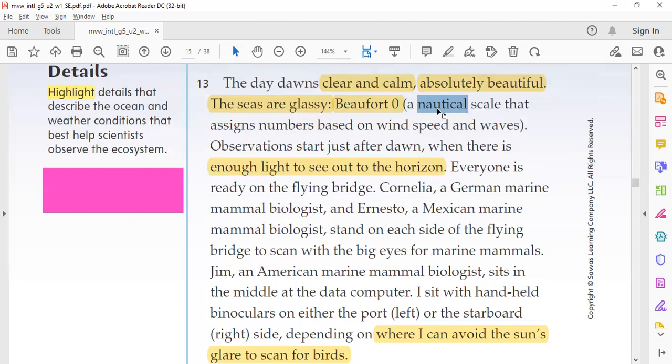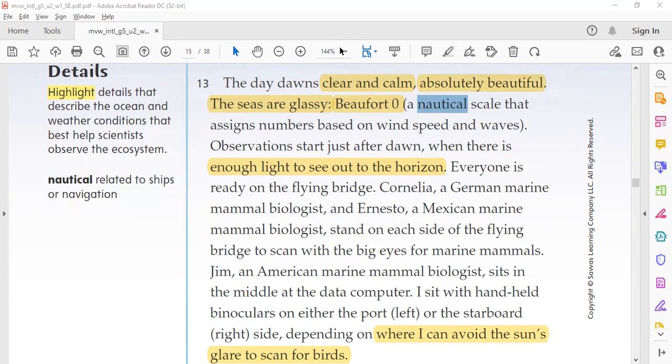And what does the marine mean? Anything about ocean, ships, and the water. So nautical is related to marine or oceans and navigation, right? Related to ships or navigation, or oceans and so on.